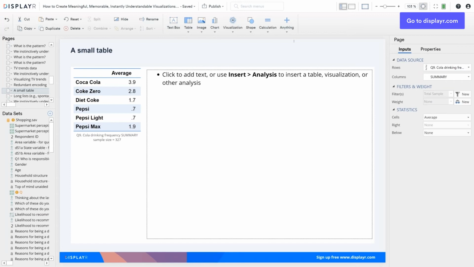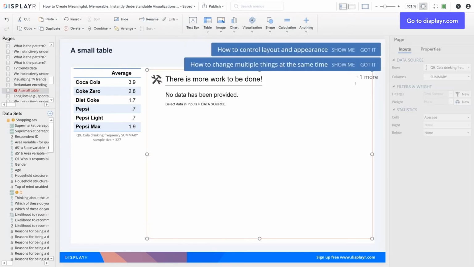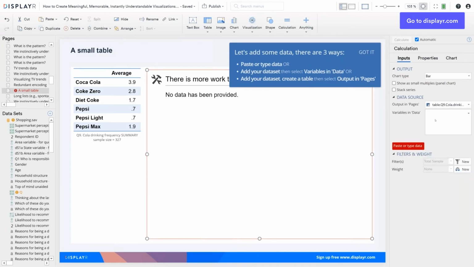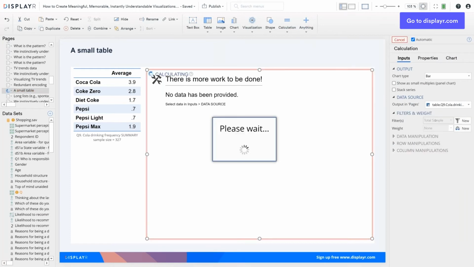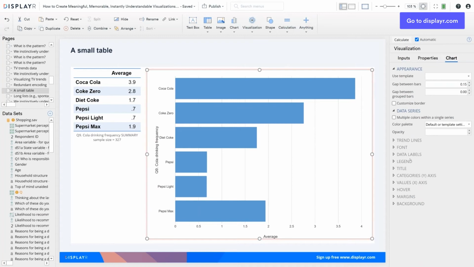Now, most people would show this as a bar chart, and so we'll do the same. Like most bar charts, a challenge with this one is that we have to read down to the axes to figure out what the values mean. This is why most market researchers tend to go and put the data labels on it.